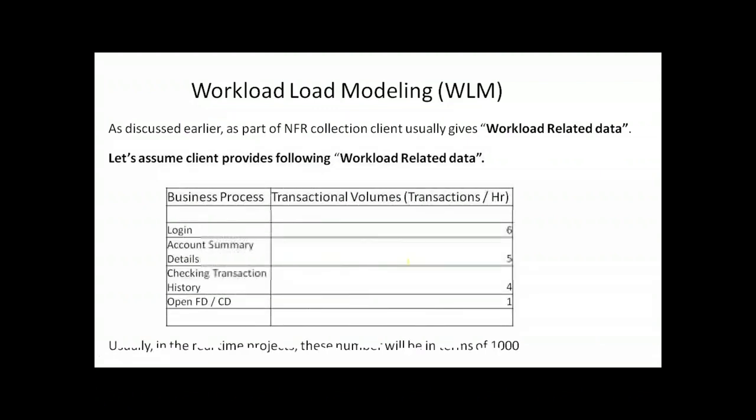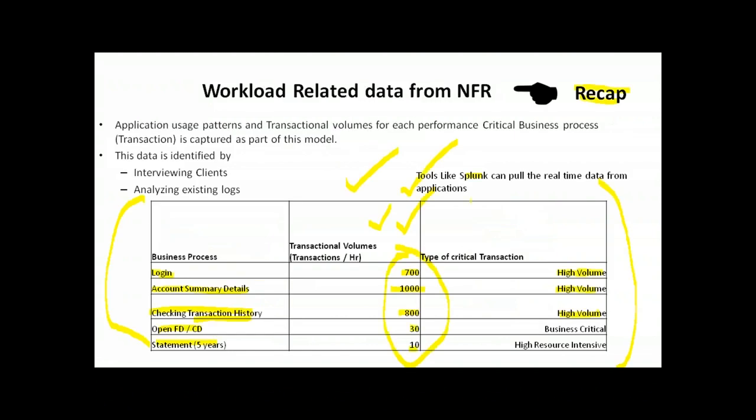Now let's assume these are the numbers that you have collected. Just an assumption, guys. How many business processes are there? Only 4: login, account summary details, transaction history, and open FD or CD. I have taken minimum numbers, but in real-time projects the transactional volumes will be in terms of hundreds.